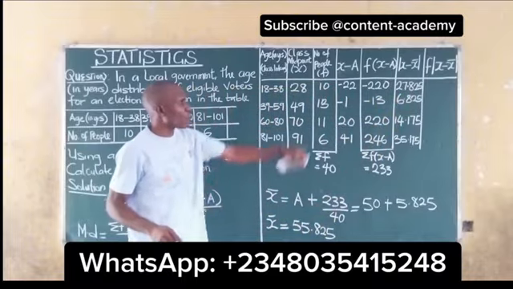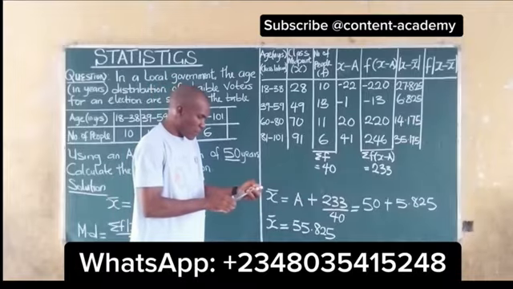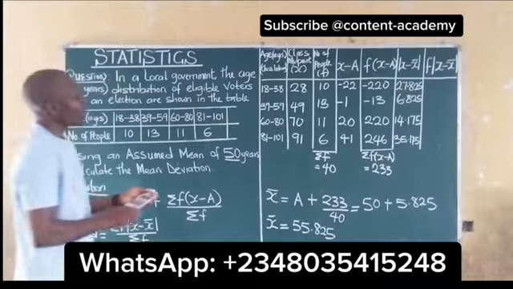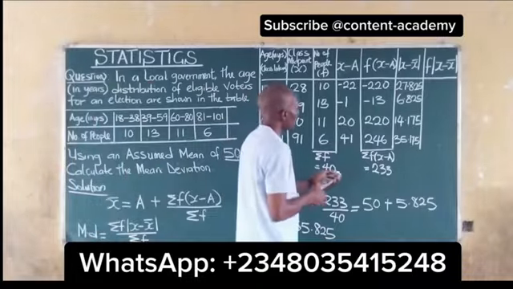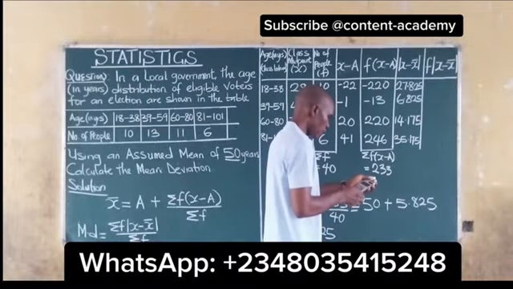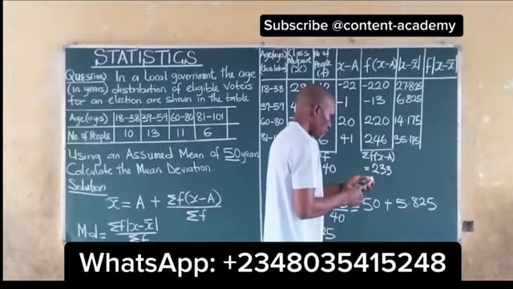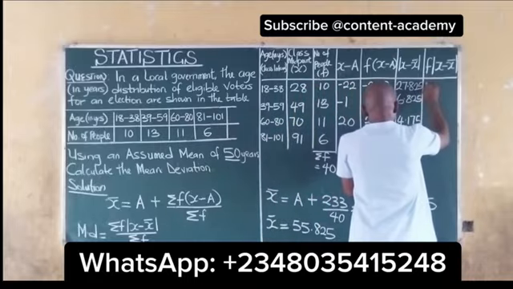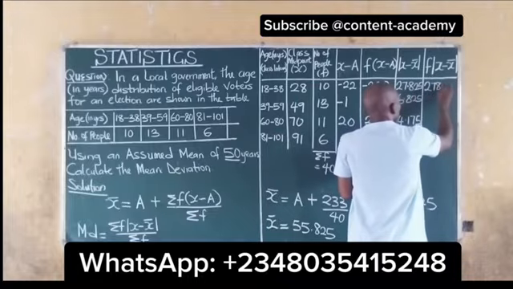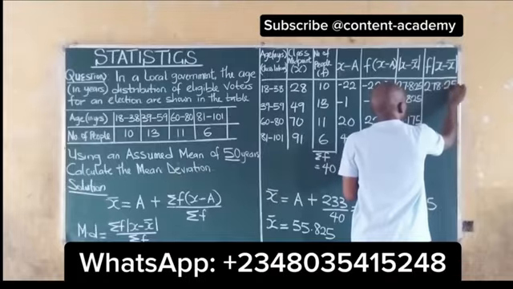That is how we can complete that. The first one is 10 multiplied by 27.825, which is 278.25.